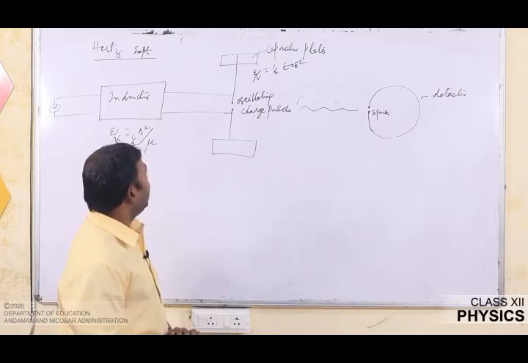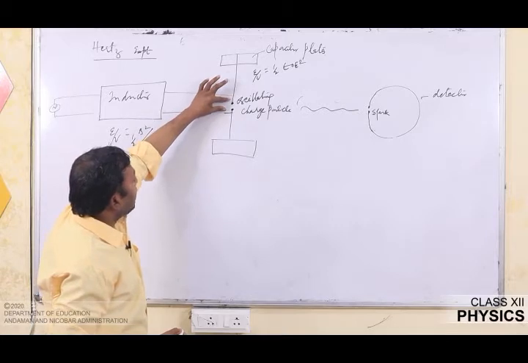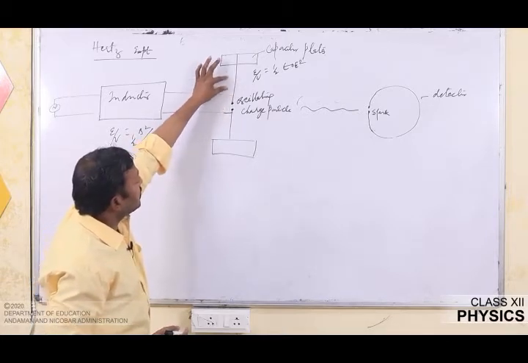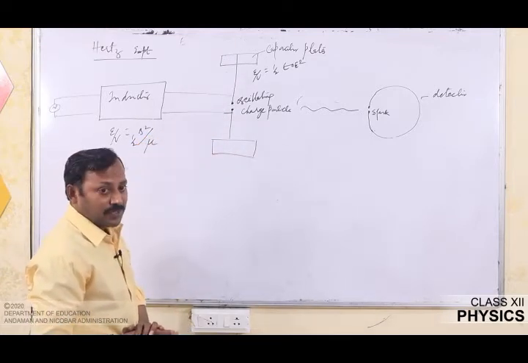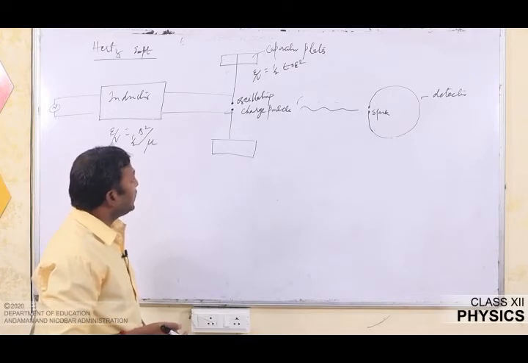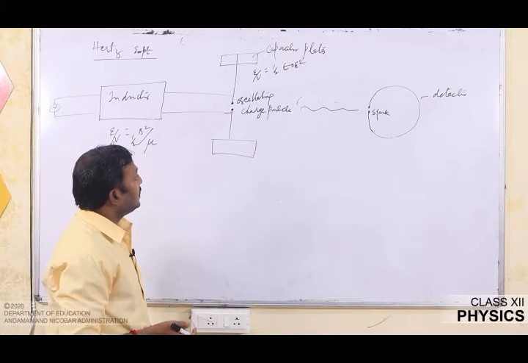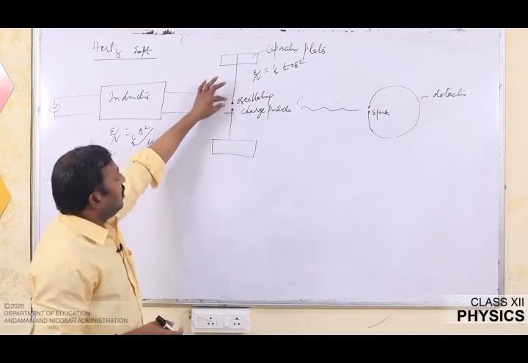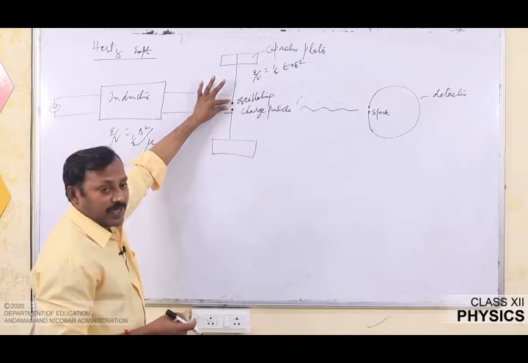Because of this oscillatory nature, the electric field which appears across the capacitor plates starts to ionize the gas molecules present across the capacitor. Because of that ionization of the gas molecules, it provides a path for the discharging of charged particles. Due to this discharging, the charged particles start to oscillate or accelerate, and this accelerating charged particle produces electromagnetic waves.